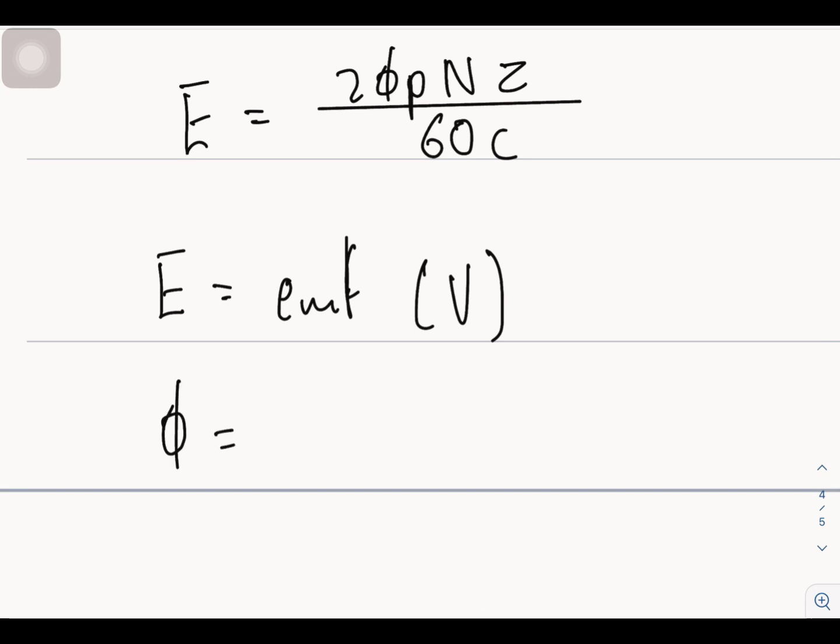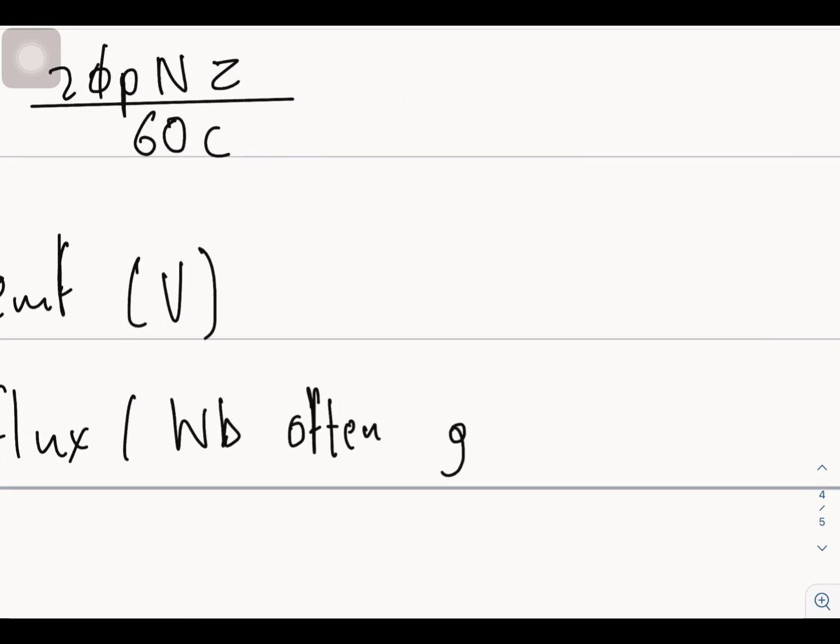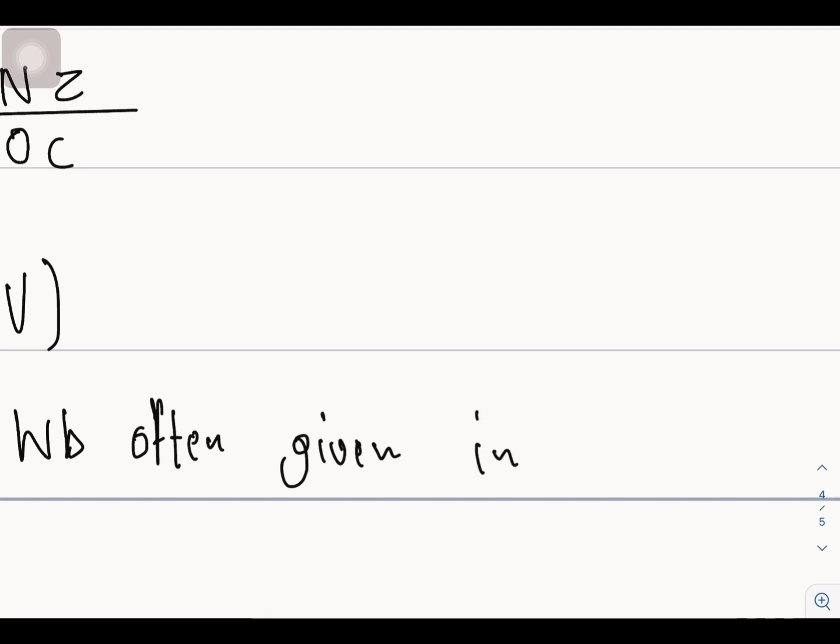Then flux, which we know is measured in webers, but it is often given in milliwebers.